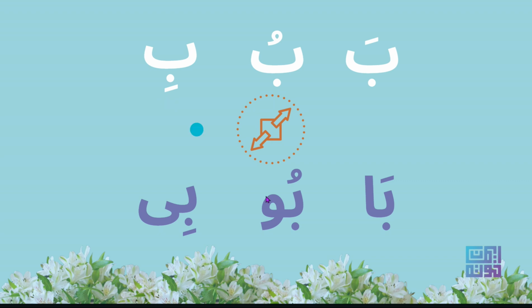And today we are in lesson number 5, and we are going to upgrade the movements to a lengthening pronunciation. If we have an alif after the ba fatha, any letter, not just the ba, but we take the ba as an example, it's the easiest letter that we can give examples with.